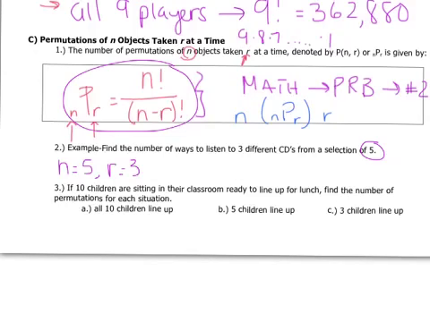So on the main screen, type 5, and then go Math, over to Probability, down to number 2, hit Enter, and then type in 3, and hit Enter, and we should be getting 60. So there are 60 ways to listen to 3 CDs out of a total of 5.